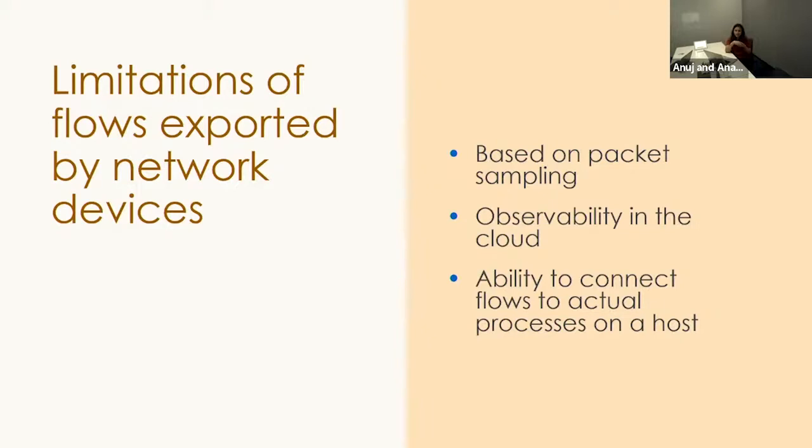Lastly, the flows that are exported from network devices do not have sufficient context of the process that is creating these flows. So what that means is, if you consider a certain client to server communication, you would have the 5 tuple for this communication, which is the source IP, source port, destination IP, destination port, and protocol.